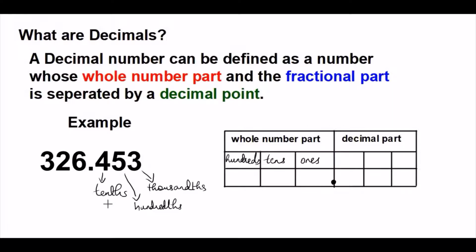This tenths place means it is 4 by 10 and here hundredths place means 5 by 100 and thousandths place means 3 by 1000. Here in the whole number part it is ones place, so this is 6 into 1, so 6, and here it is tens place, so 2 into 10, that is 20, and here it is 3 into 100 because it is hundreds place.